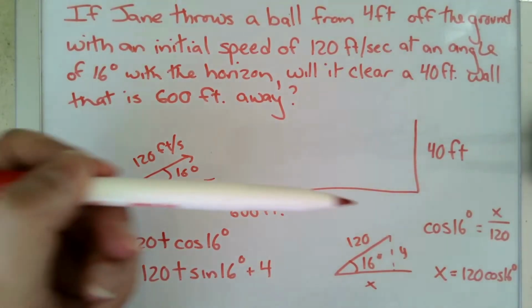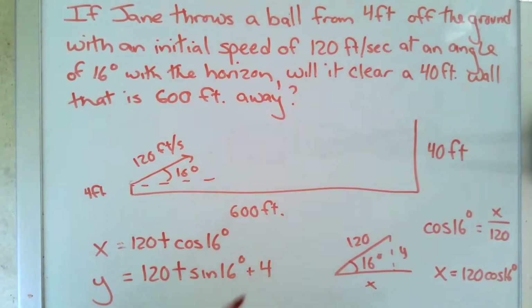Gravity doesn't affect the horizontal motion, but it does affect the vertical motion because it's pulling on the ball. So, since we are in feet in this problem, the way you always incorporate gravity into your vertical when your problem is in feet, not in metrics, is minus 16t squared. So just get used to that. That's the gravity component when your problem is in feet or yards or things like that.